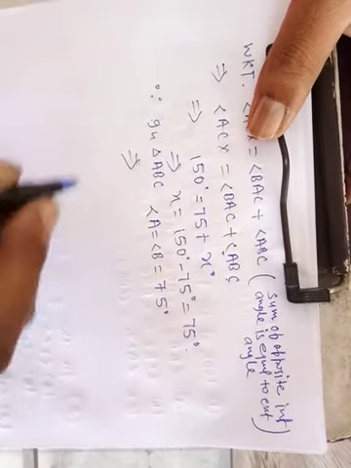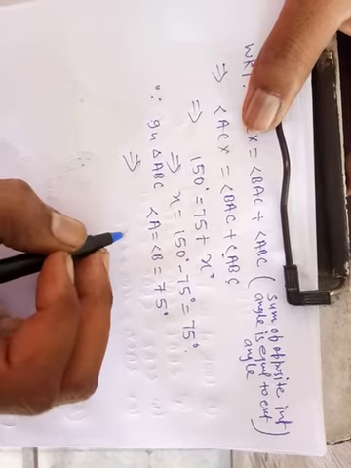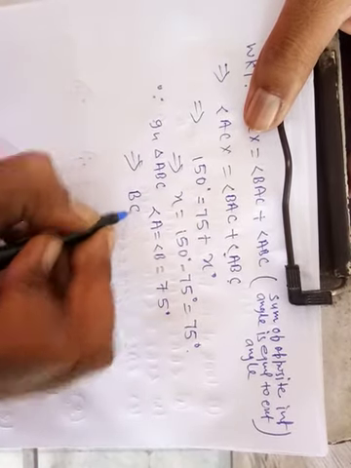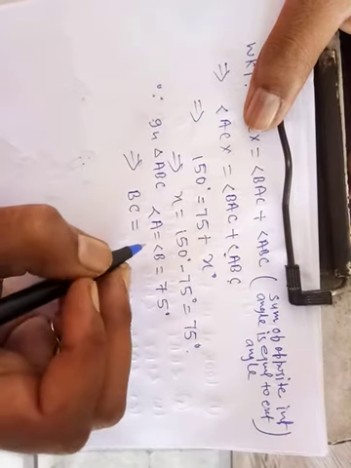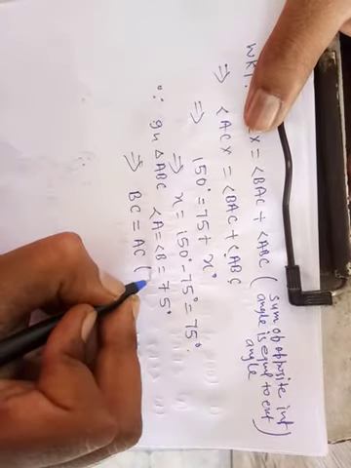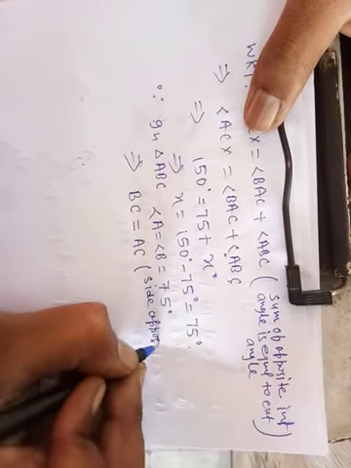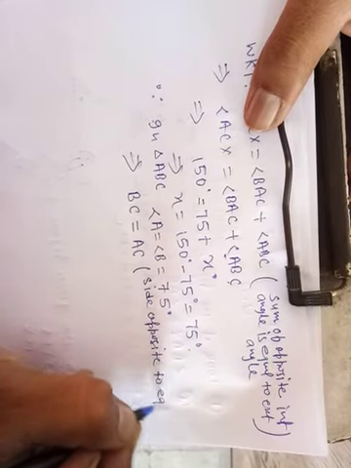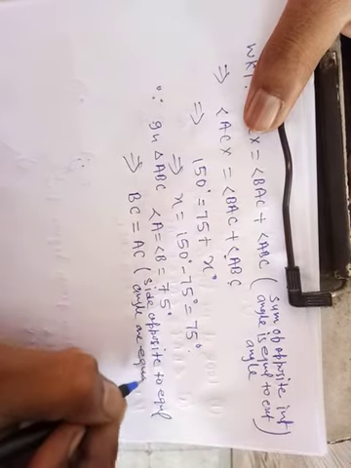We know that the sides opposite to equal angles are equal, so the side opposite to angle A is BC and the side opposite to angle B is AC. By which property? Sides opposite to equal angles are equal.